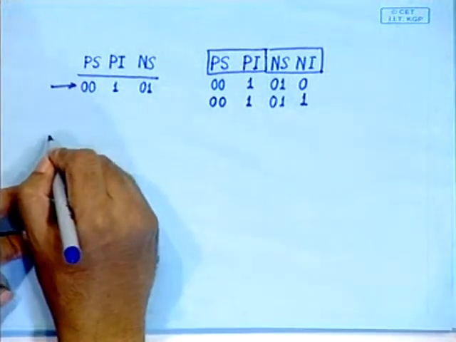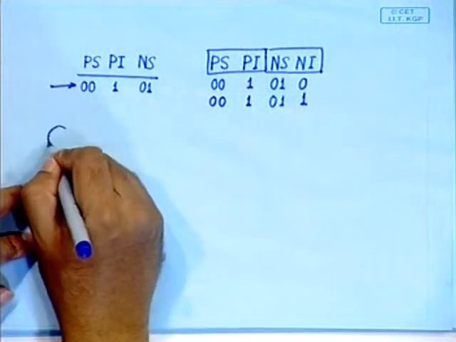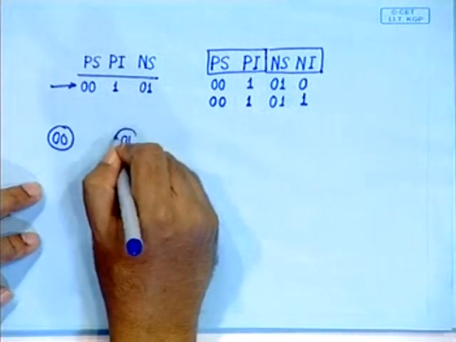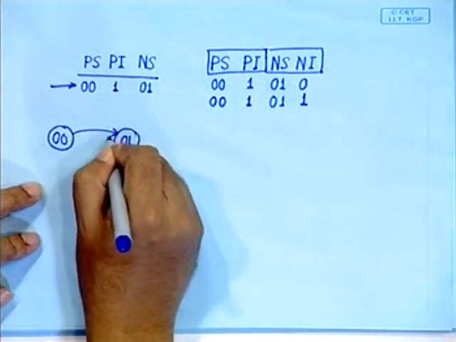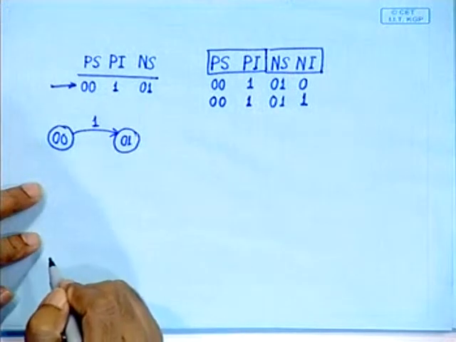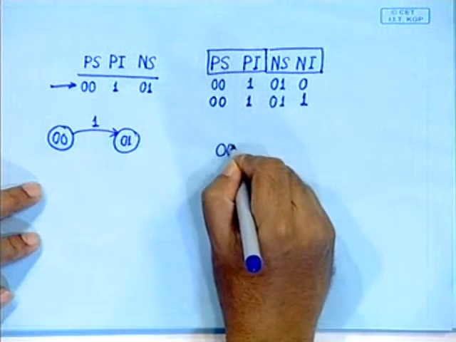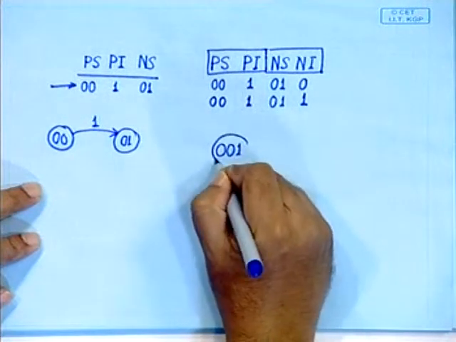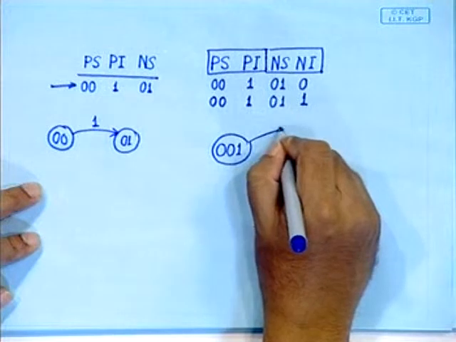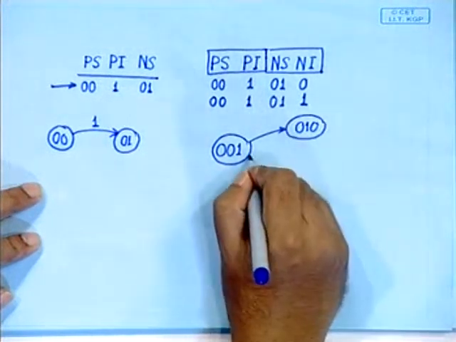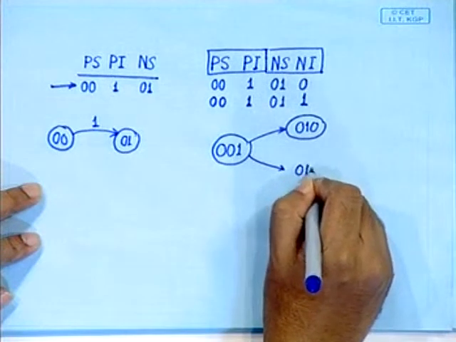So, here this was a transition from 00 to 01 on the input 1, right. What we have transformed that is in a transition from 001 to 010, 011.